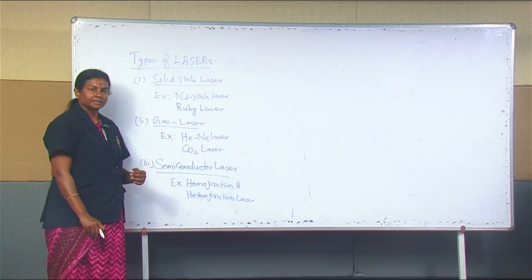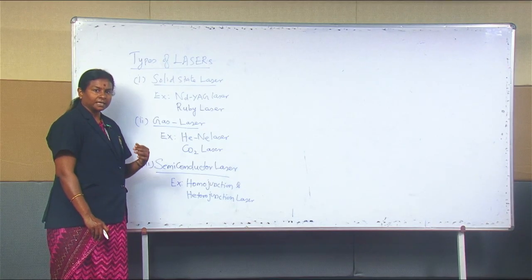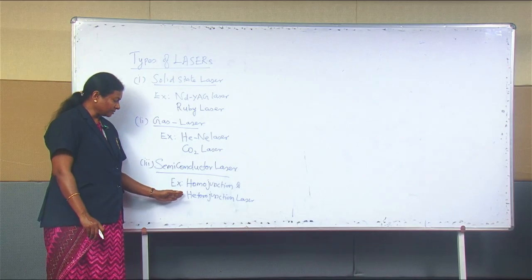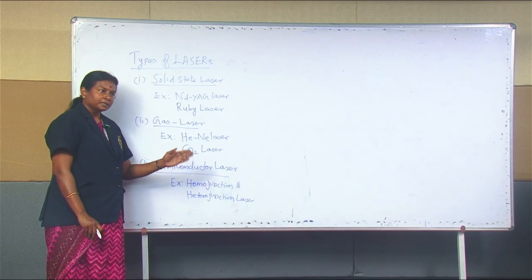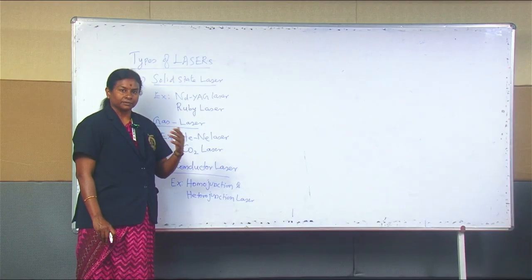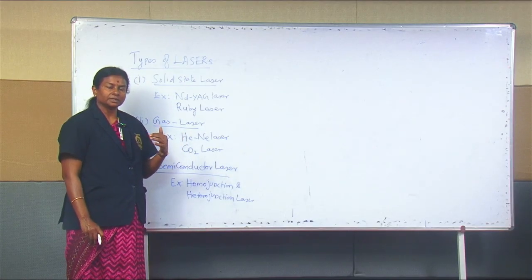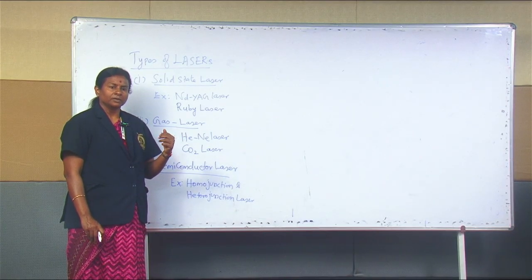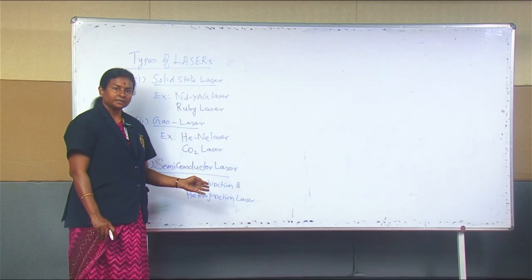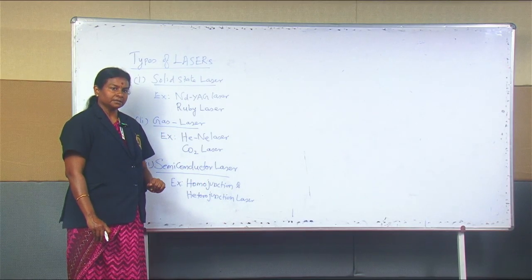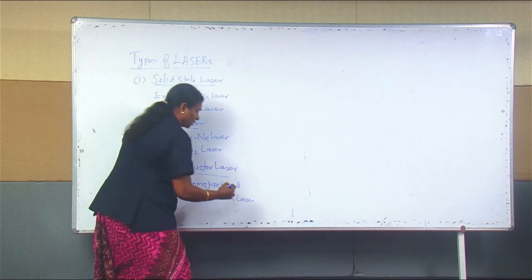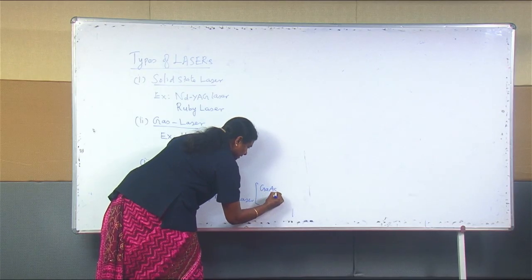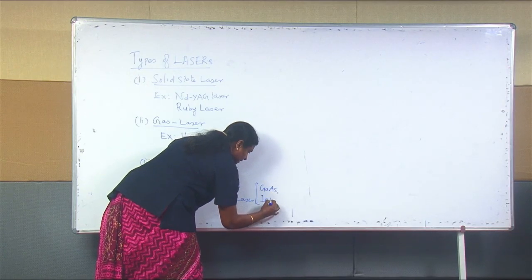So what is the difference between direct band gap and indirect band gap semiconductors? In the case of direct band gap semiconductors, it emits photons. The output will be photons. That is, during the recombination process, the emission is in terms of photons. Okay, you can ask me what is the example for this semiconductor laser? The best examples are direct band gap semiconductors, here I can give gallium arsenide, indium phosphide.